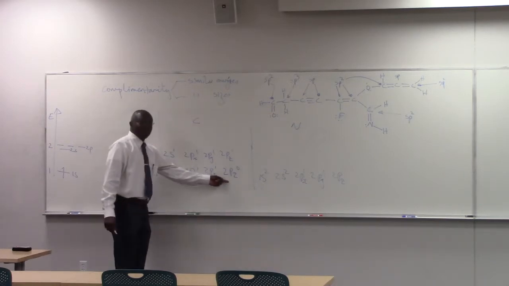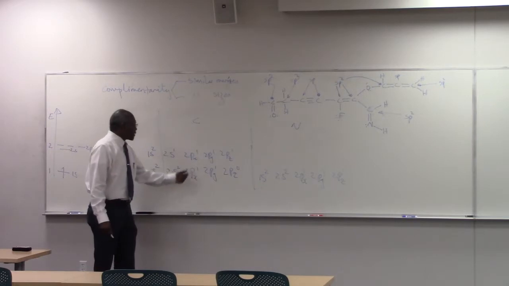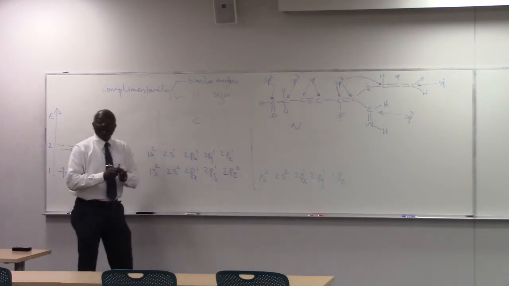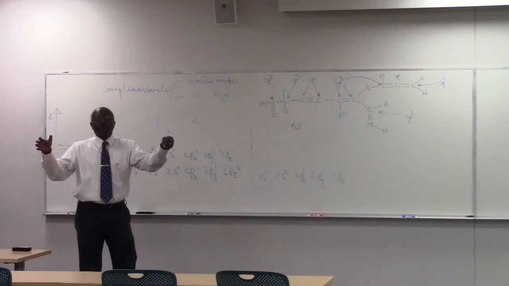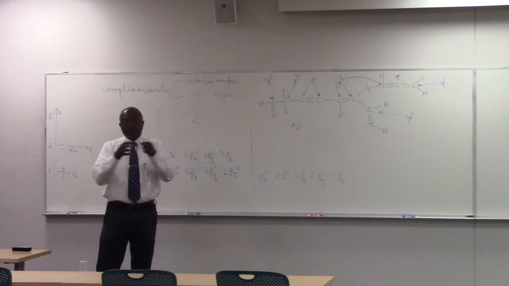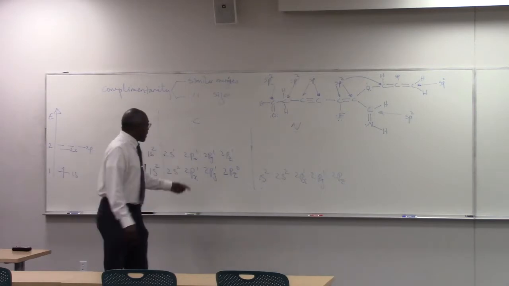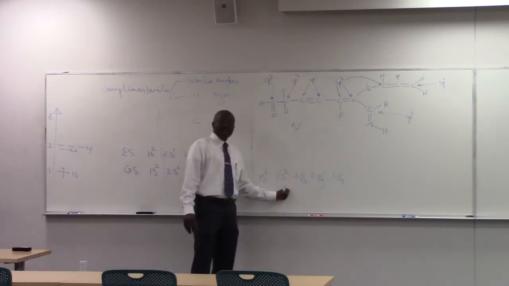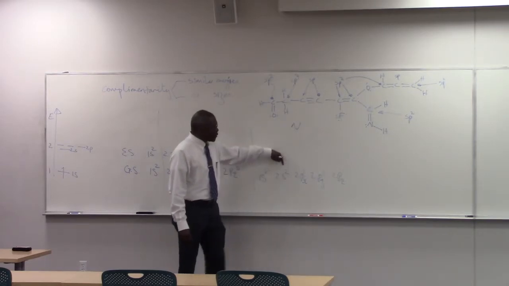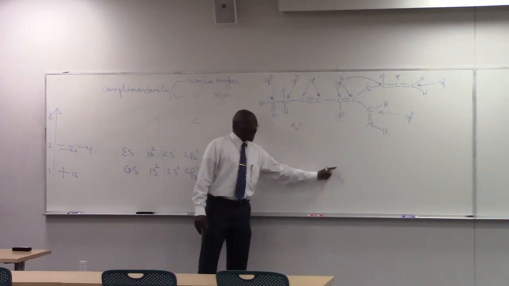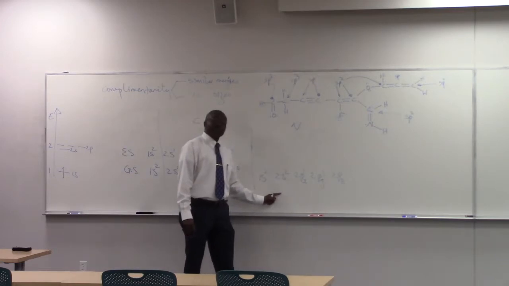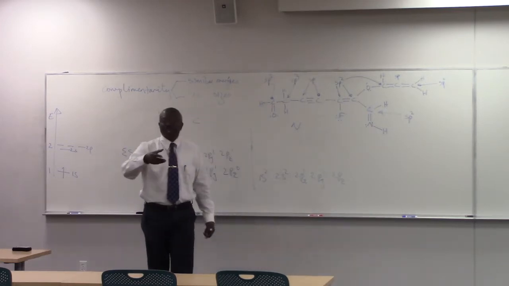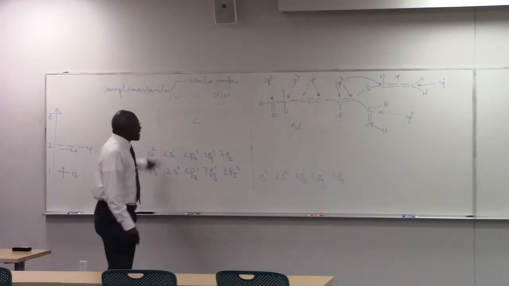Well, whereas carbon promoted a 2s electron into the 2pz so it could maximize the number of bonding options, to form 4 bonds rather than just 2, in nitrogen there is no gain in doing so. If I promote a 2s into a 2p, I'll still have 3 unpaired electrons. So with nitrogen, there is no promotion step. There's no excited step.